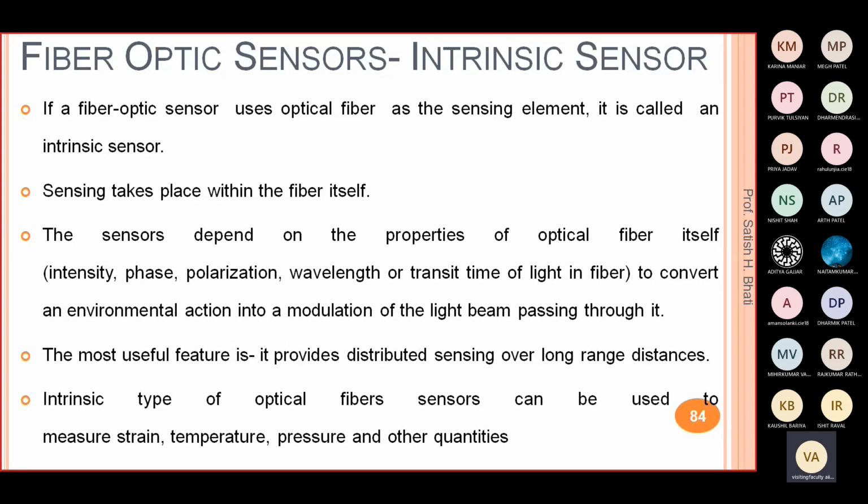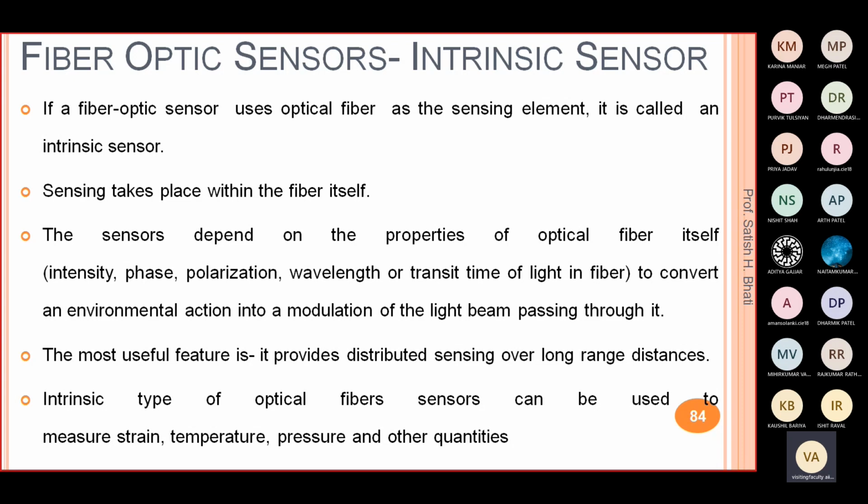So the intrinsic type of fiber optic sensor. If a fiber optic sensor uses the optical fiber as a sensing element, then it is called an intrinsic sensor, or intrinsic type of fiber optic sensor. So here the fiber optic wire, the fiber optic material itself, we are using as a sensing material. You can say the sensing takes place within the fiber itself.